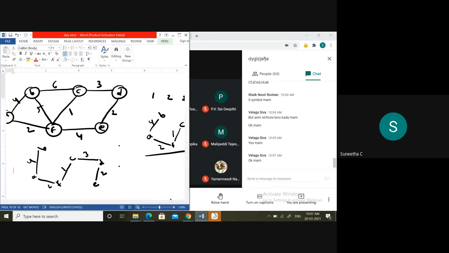Okay? Is the minimum cost spanning tree unique for a graph if the graph has distinct edge weights? If asked, you should say unique.